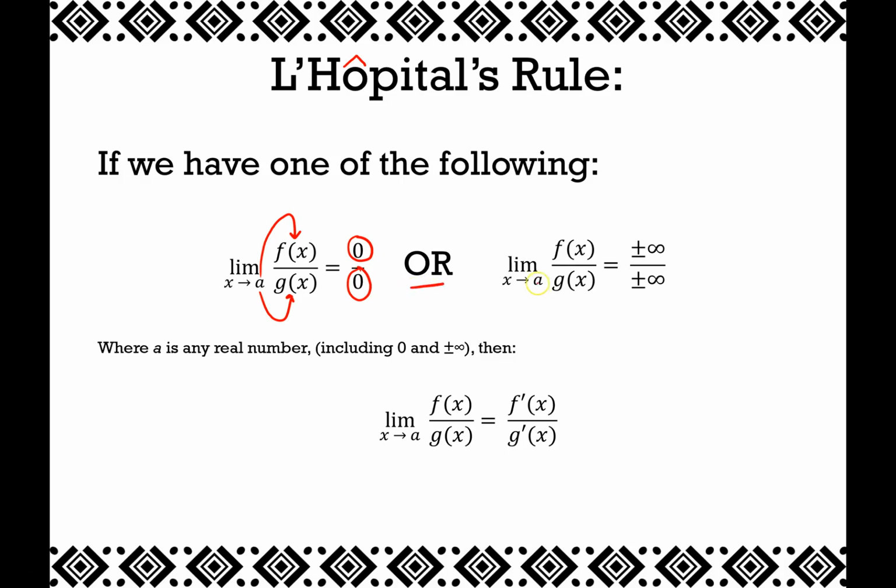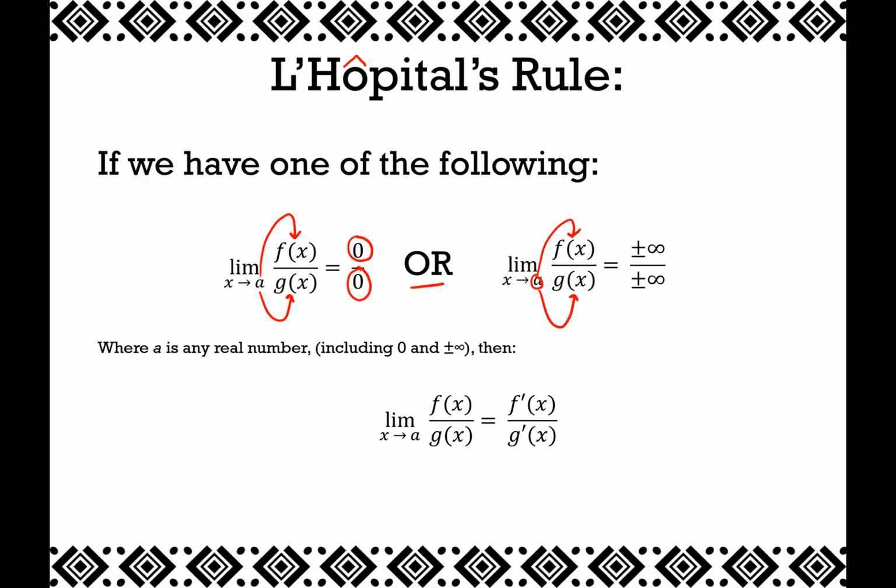Or if you plug a into your numerator and you get an infinity or a negative infinity, and same thing in the denominator, you get an infinity or a negative infinity, you can use L'Hopital's rule. Well, what is L'Hopital's rule?